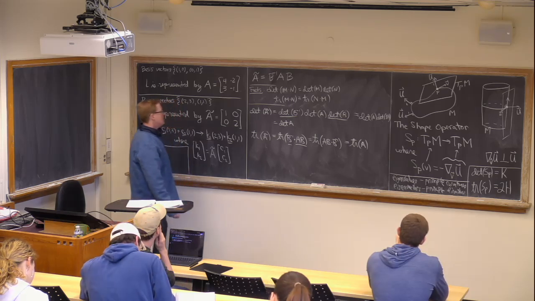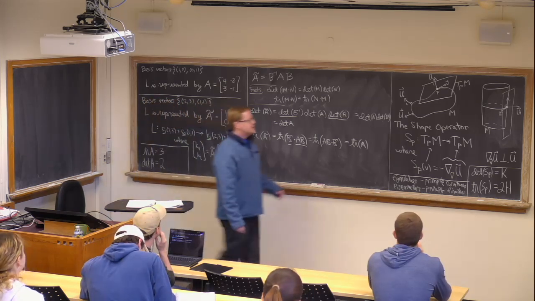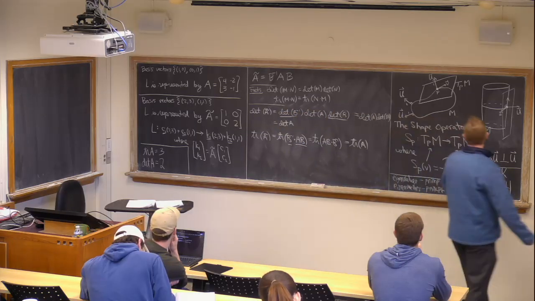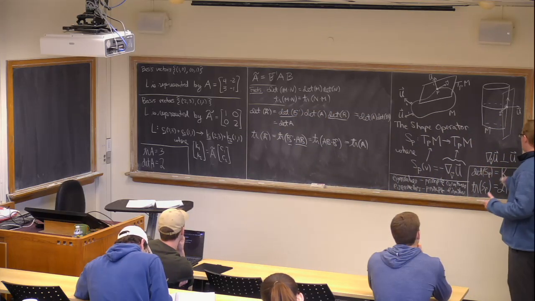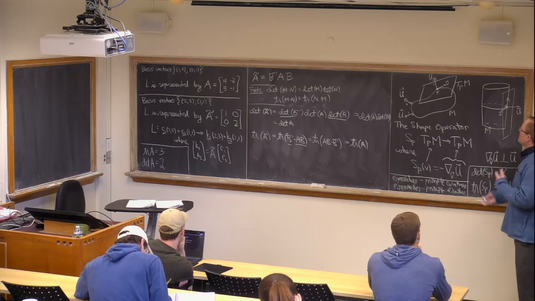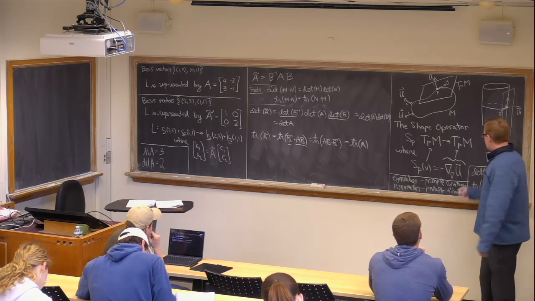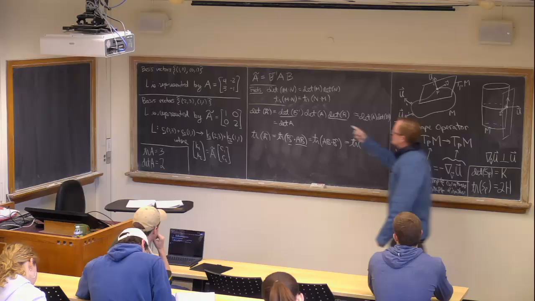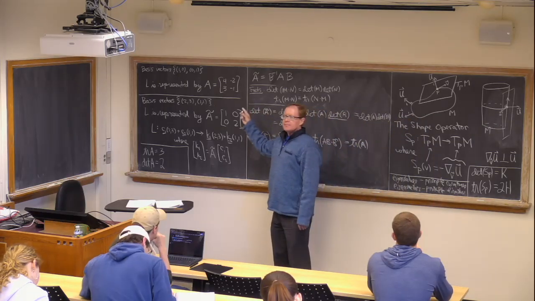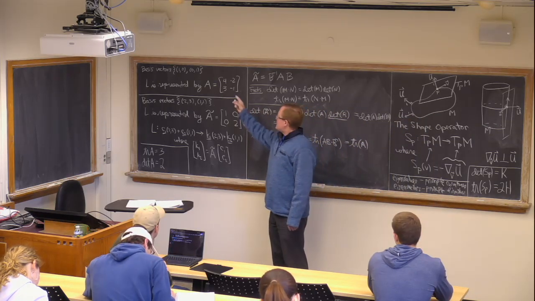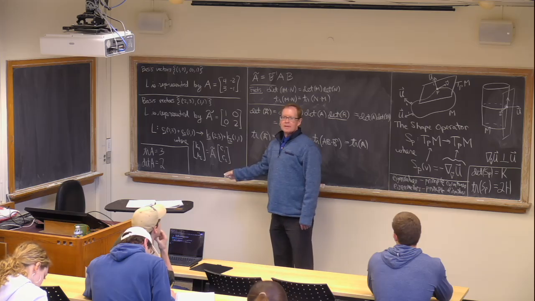Okay, so that justifies defining the determinant of the shape operator and the trace of the shape operator as things that don't depend on the choice of matrix. You might say, well, what is the matrix representing this linear mapping? Like when you compute a determinant, ultimately I need a 2x2 matrix, right? And so you're saying, well, what set of basis vectors are you going to use to define your matrix?